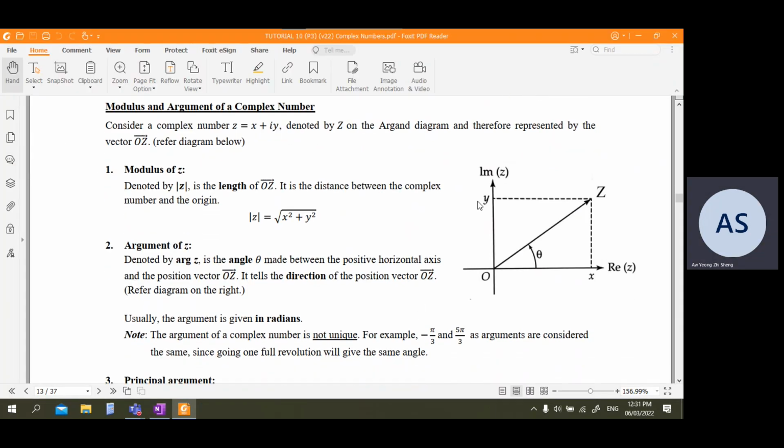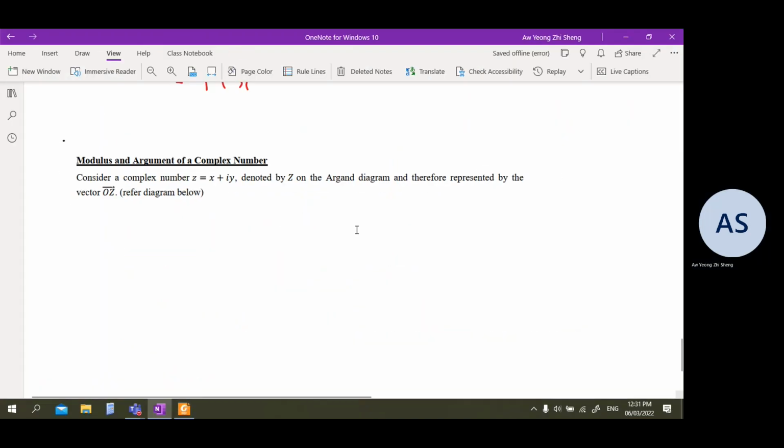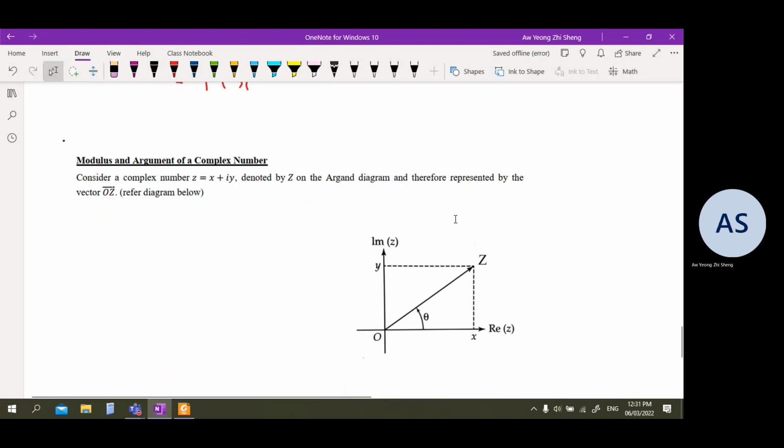So it's asking you to refer to this diagram on the right of your page. It's telling you that this point Z has coordinate (x, y). The point capital Z is a point representation, while the vector OZ is a vector representation.